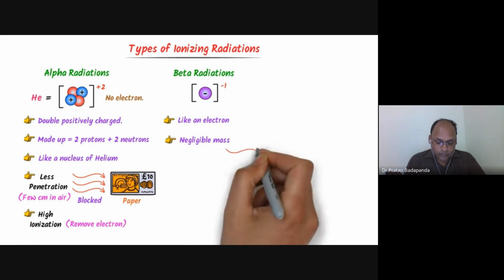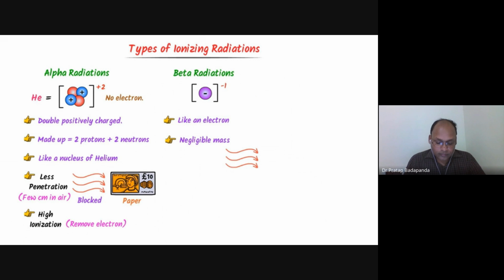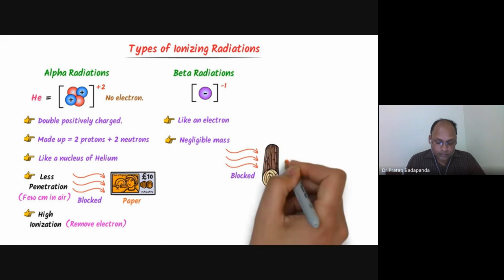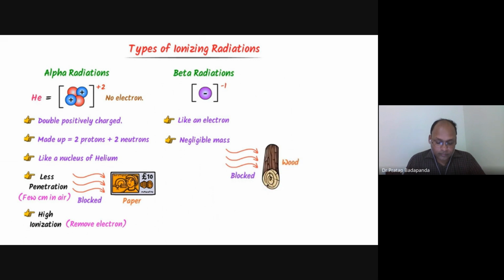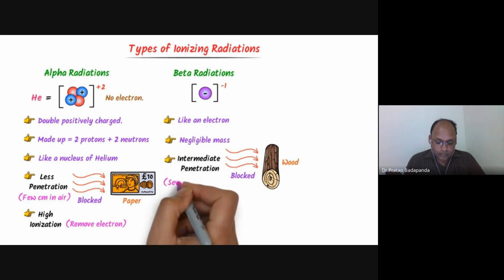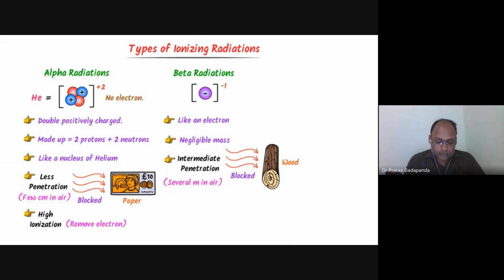They can easily penetrate through paper, but they are blocked by wood. For example, they can travel several meters in the air. Thirdly, due to tiny size, they have moderately ionizing power. Hence note down all these important points.